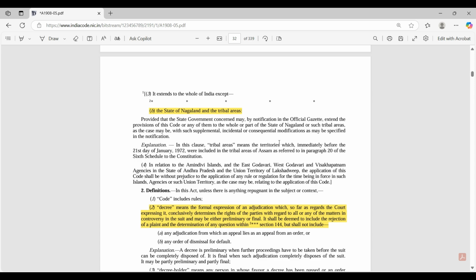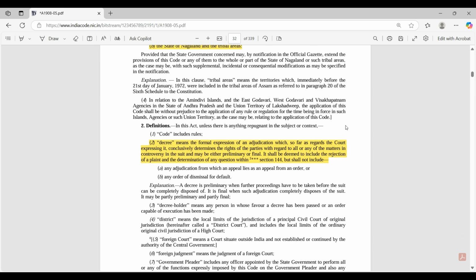It extends to the whole of India, except the state of Nagaland and its tribal areas. In the state of Nagaland, various laws are not applicable. When we talk about history, Nagaland had an agreement, a contract with the Indian government, and that's why many of the laws are not applicable there, and for the same reason they merged with India.